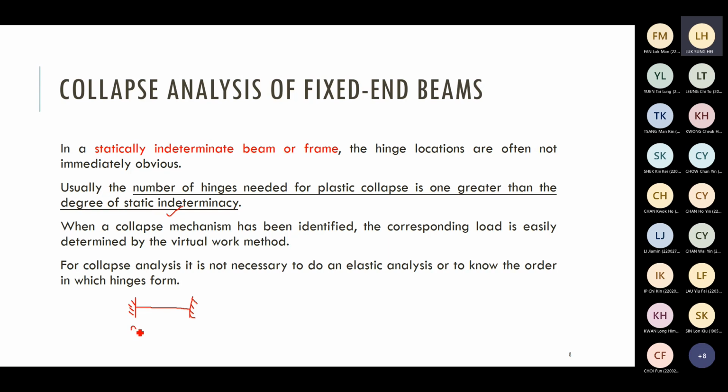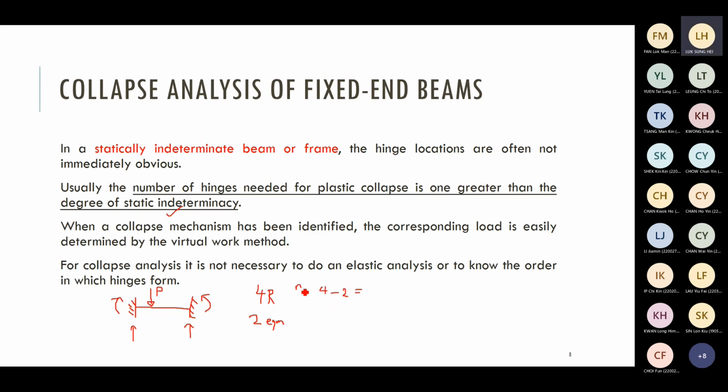For fixed end beam under loading, you have totally 4 reactions, right? And you have 2 equilibrium equations, one for vertical force, one for moment equilibrium. So when you calculate the static indeterminacy, it is equal to 4 minus 2 equal to 2.